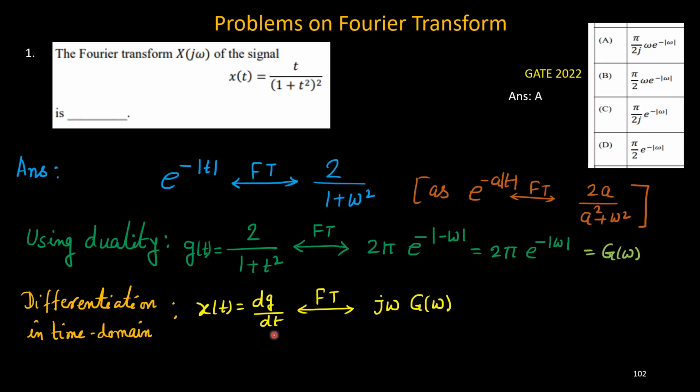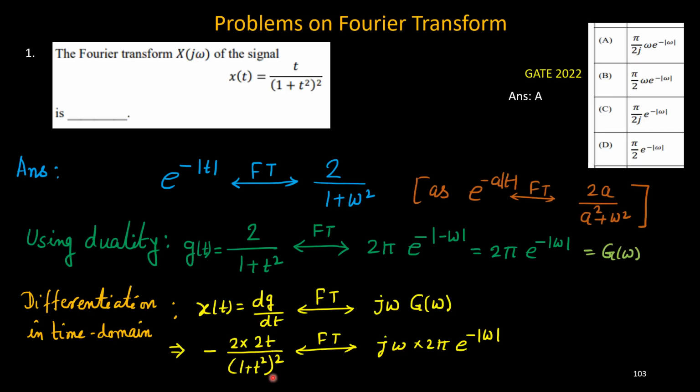Now you see what this function x of t is. This derivative will have 2 there. So its derivative is minus 1 upon (1 plus t squared) whole squared, and the derivative of t squared is 2t. So this is your total derivative.